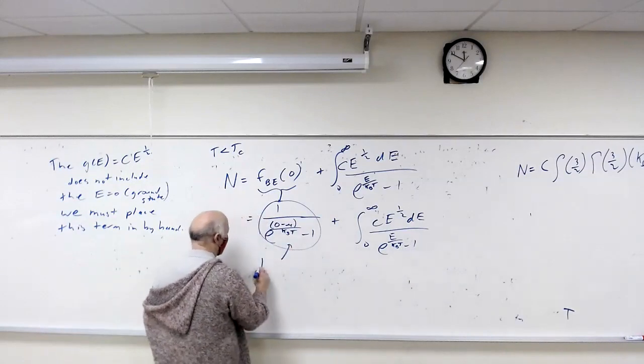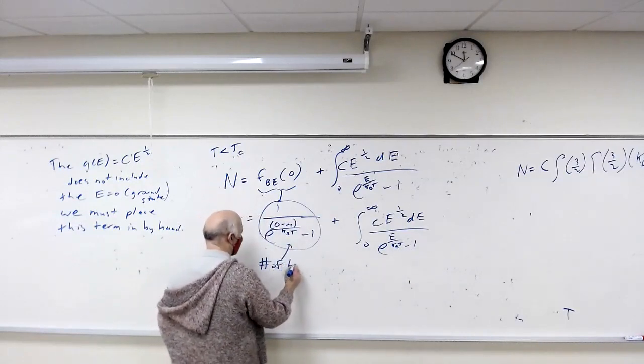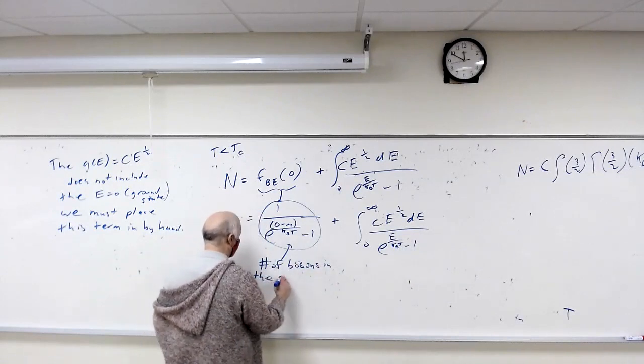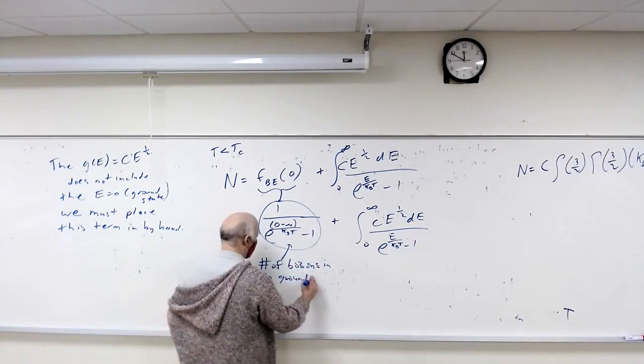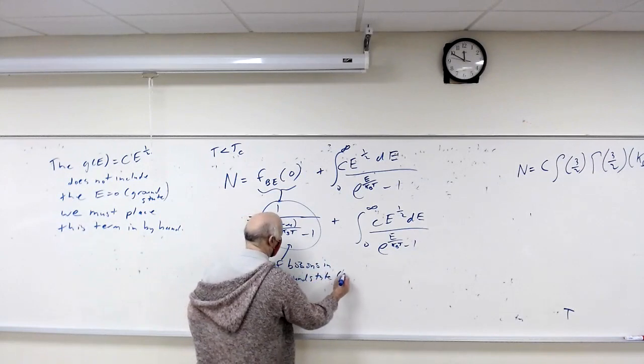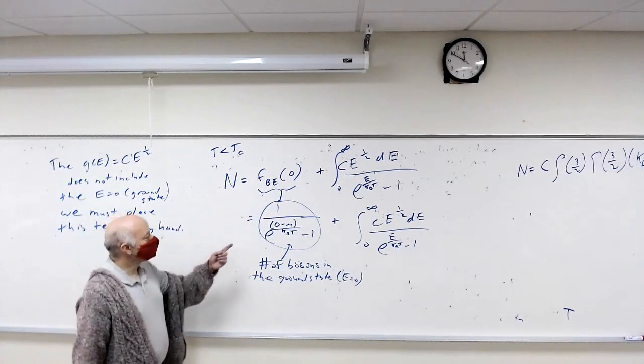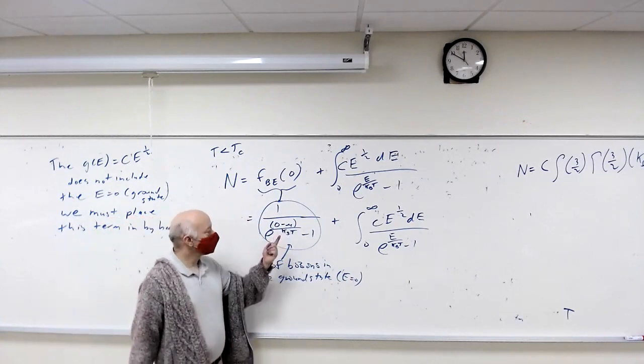This right here is the number of bosons in the ground state, E equals 0.